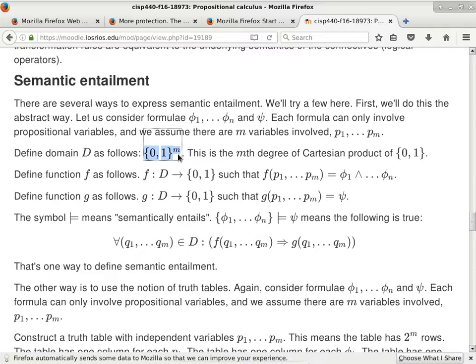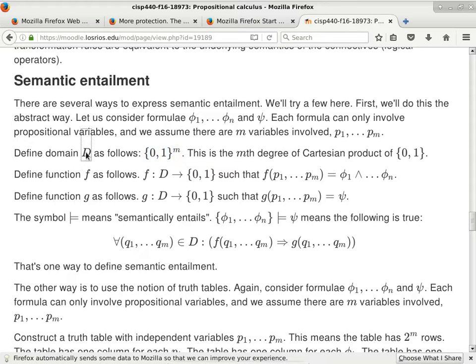Why is there a psi at the end of it? Just so that we can differentiate between the set of the phi's versus the psi. The phi's mean one particular thing. When we get to the later points, we'll see that one is the starting point and the other is the ending point. The phi's are the starting points. This is what we're given, and the psi is what we're trying to prove.